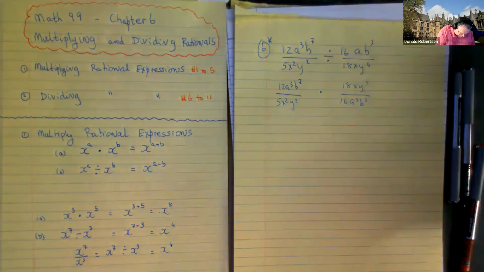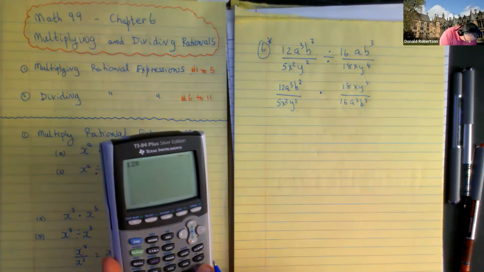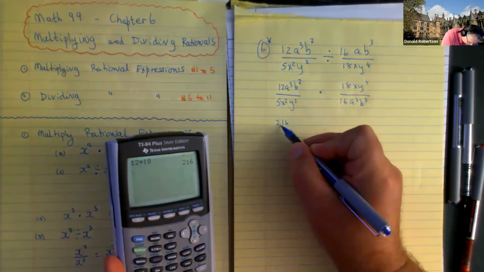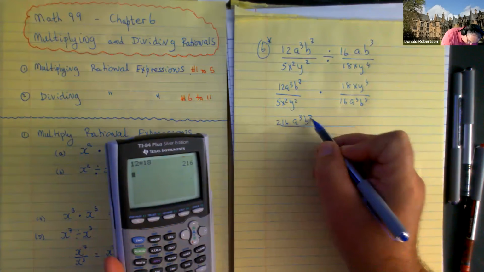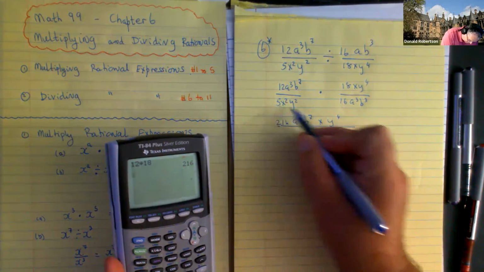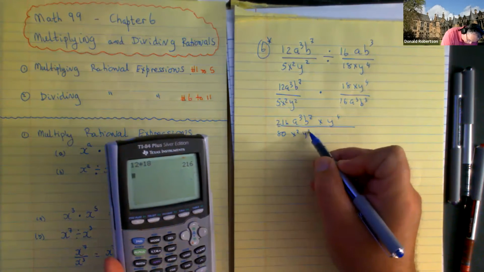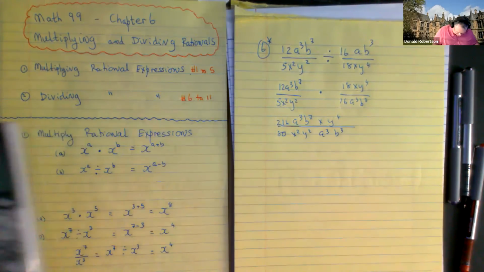Then we can combine all these things together. So 12 times 18 gets me 216, and then I have an a cubed b to the 7 x y to the 4. And then 5 times 16 gets me 80, and I have an x squared y squared a cubed b cubed.